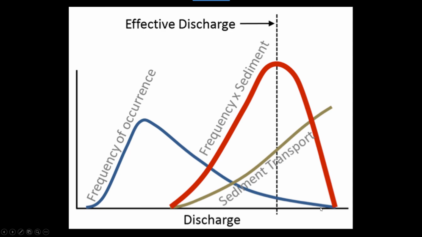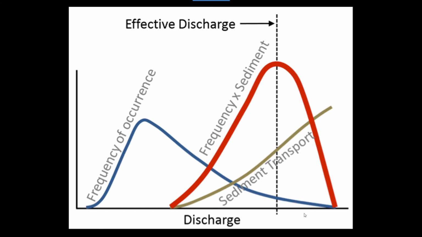Okay, so now what we have, for each flow along the x-axis, we have a frequency of occurrence and a load. And so how are we going to decide which flow does the most work? Which flow moves the most sediment? Well, we'll take the load and we'll multiply it by the frequency of the flow associated with that load.